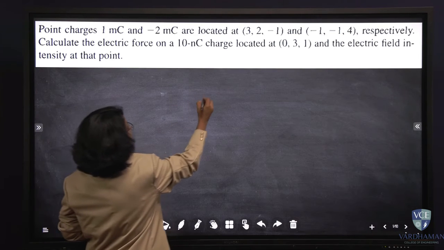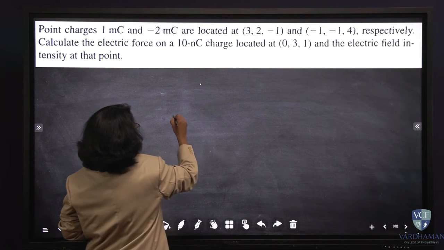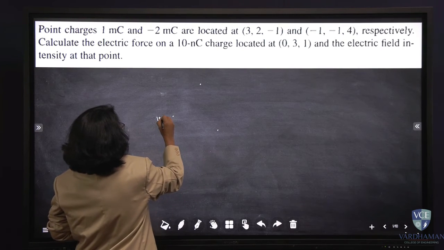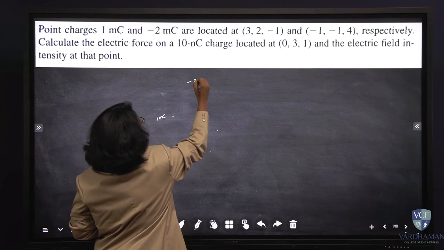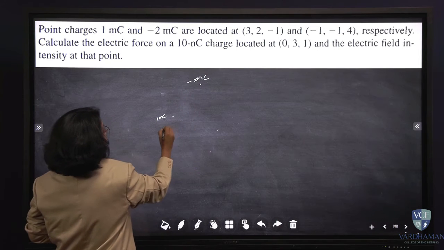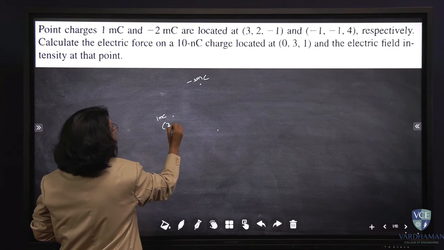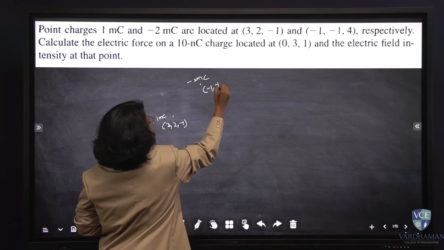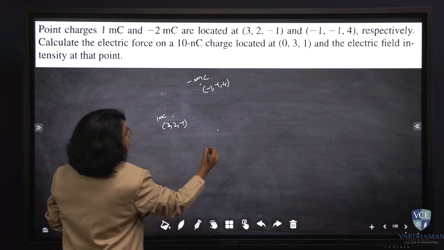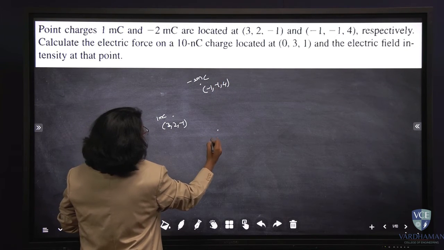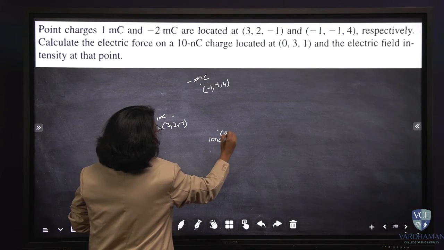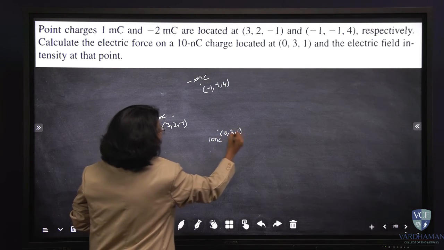So according to this problem, I am taking 3 different point charges. 1 millicoulomb and minus 2 millicoulombs are placed at the different locations 3, 2, minus 1 and minus 1, minus 1, 4. And the third charge is 10 nanocoulombs, which is placed at 0, 3, 1.